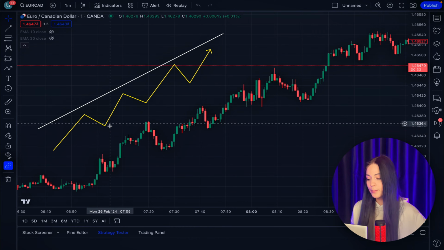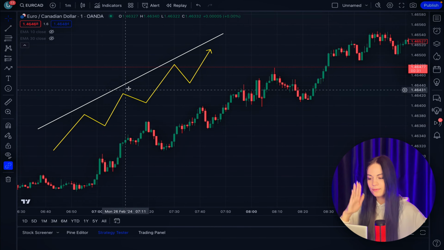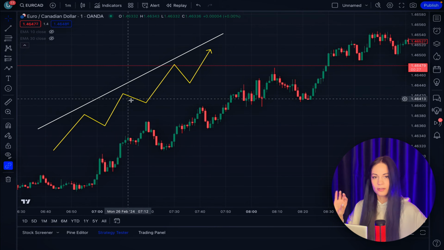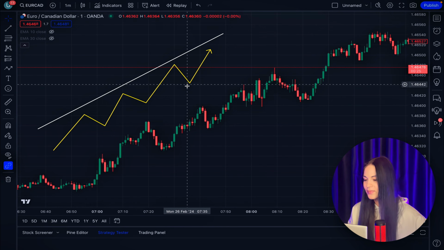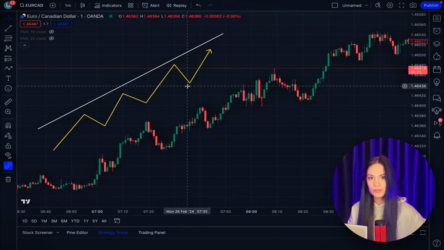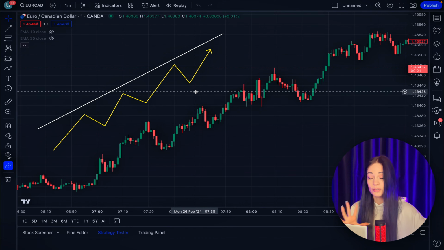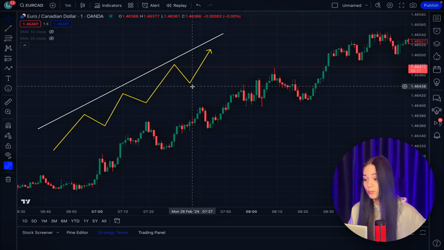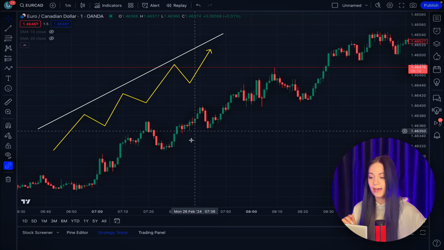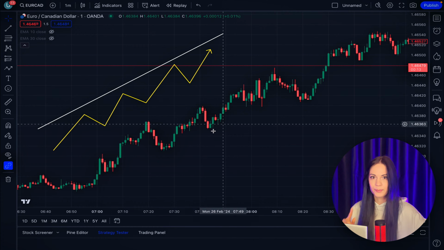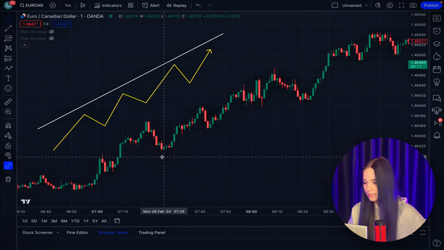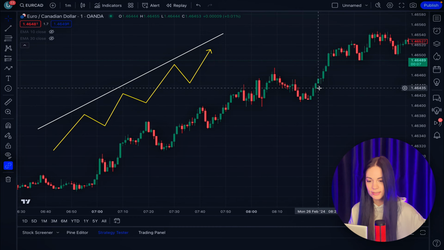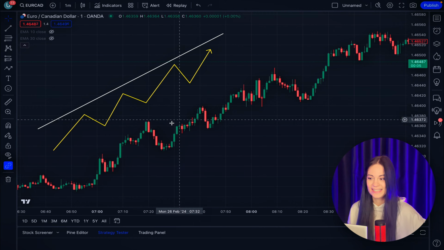The lower points of this wave are what is called a pullback. A different word to use is a retracement. That's why the strategy is called Fibonacci retracement. Retracement is the same thing as pullback, the movement down in a global uptrend. If we look at the real chart, we see retracement right here, here, here, and here. So a lot of them basically.